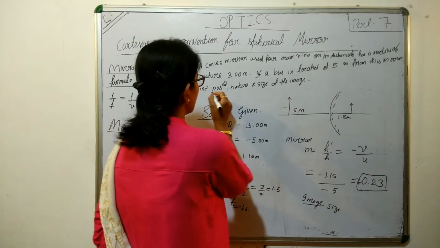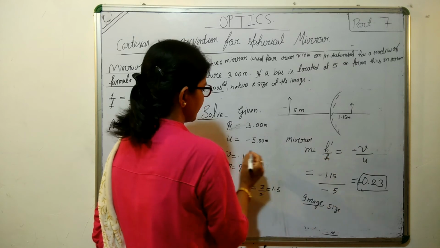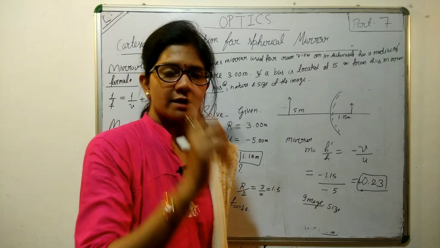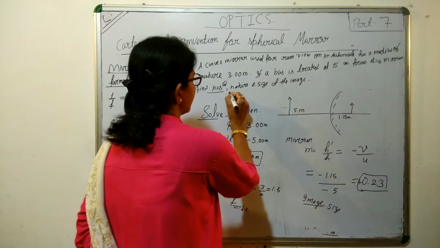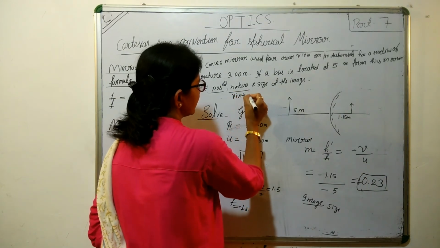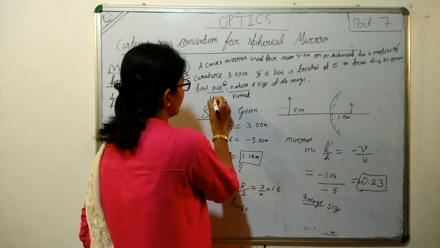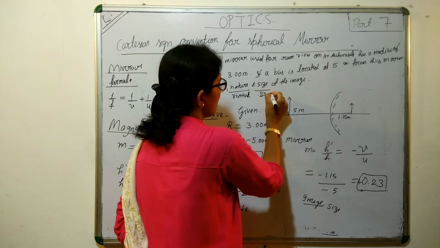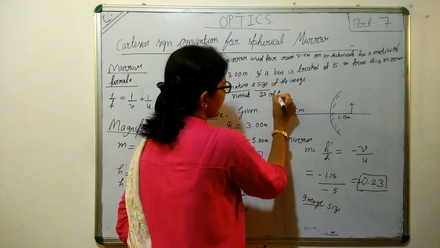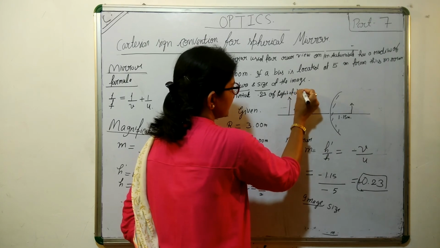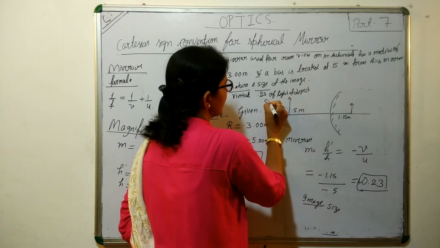So the position is 1.15 meter behind the mirror. Nature is virtual, because it is behind the mirror. And the size is 0.23 of the height of the object, meaning it is smaller in size.